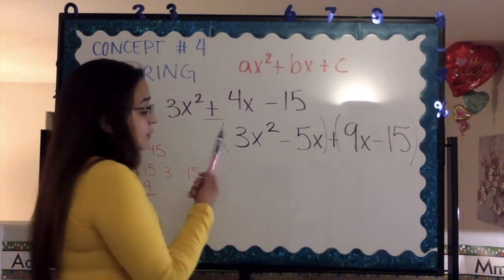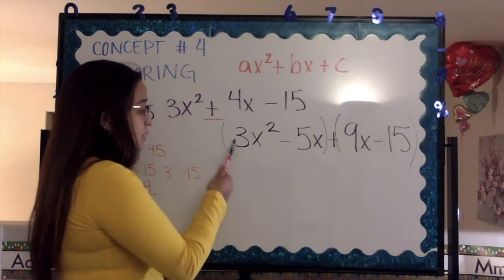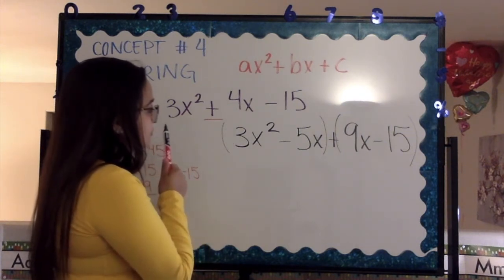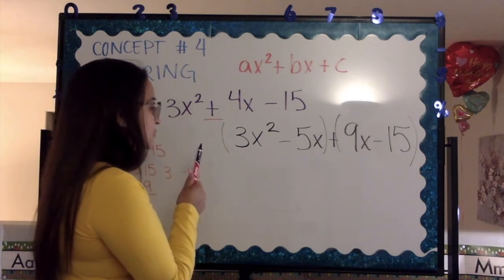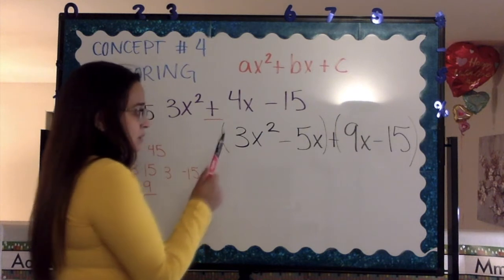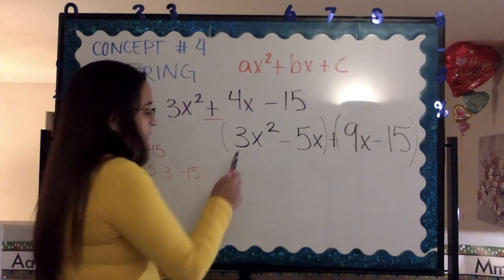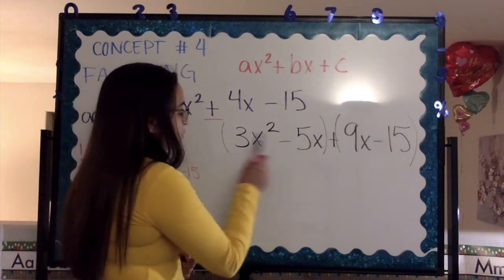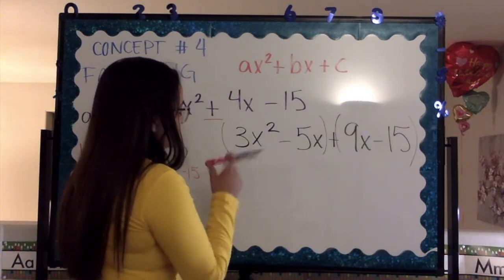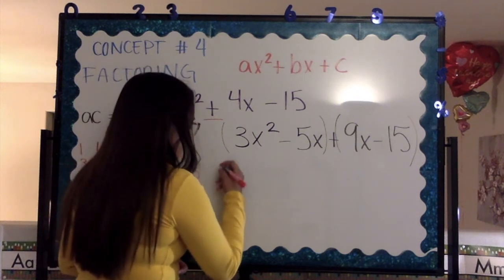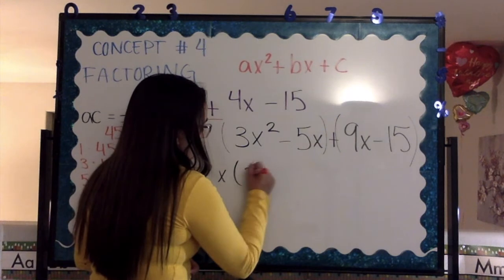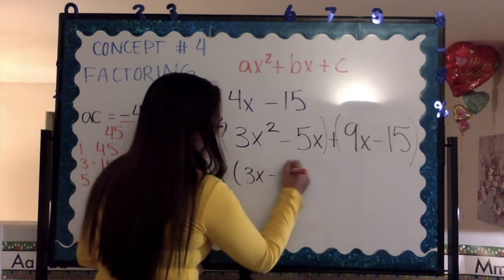Now, I know my greatest common factor here is going to be 3x. No. Actually, my greatest common factor here is only going to be x, because there is no number that goes into both of these numbers. So it will just be x. And I'm left with 3x minus 5.